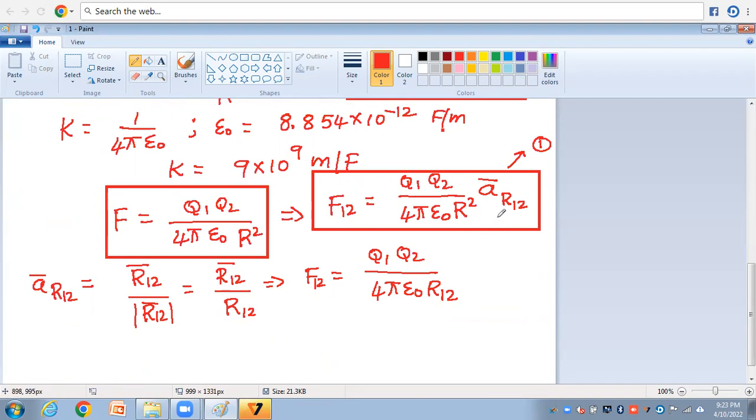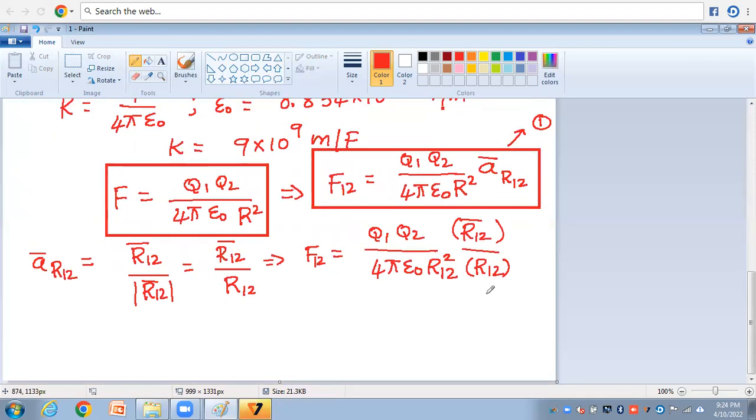Now in this unit vector, AR12 bar is replaced with R12 bar. This R12 bar means some vector. Okay, you have to calculate the distance. Now finally, 4 pi epsilon naught R12 square into R12, you may write R12 whole cube.